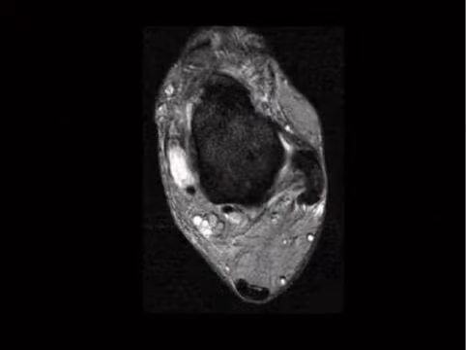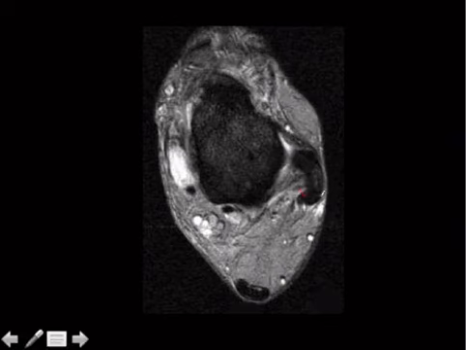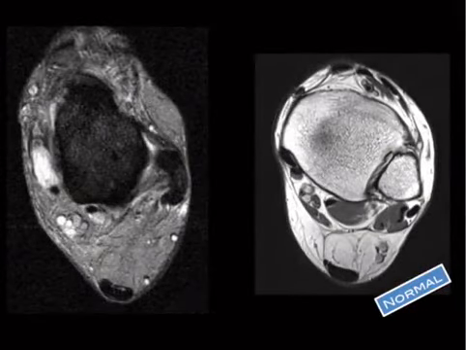So here we go. This is backwards from what we've been looking at. Notice the fibula's over here, just to orient you. So peroneus longus and brevis here, and then here are our medial tendons, Tom, Dick, and Harry. Let's look at the normal one again.